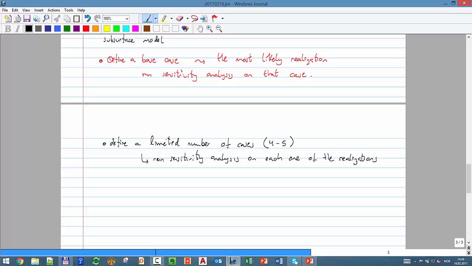If we define cases, we say it could be like this, could be like this, could be like this. We want to associate a probability to each one of them, just like we did in decision trees. So we have to assign a probability to each case. That's a bit tricky.